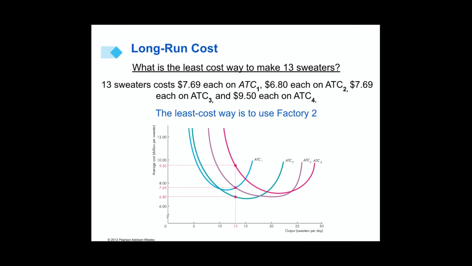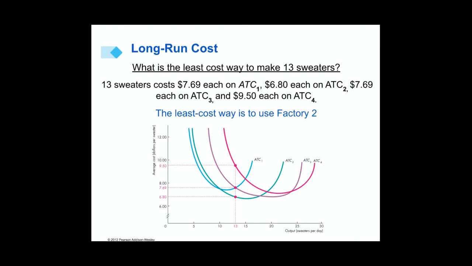And it's also true that it's at a lower cost than on the factory with 4 machines, where the average cost is $9.50. And the reason there, you can see, is because at $9.50 on the factory with 4 knitting machines, the average total costs are still very high, because you haven't spread the fixed costs out over enough units in order for it to be efficient.